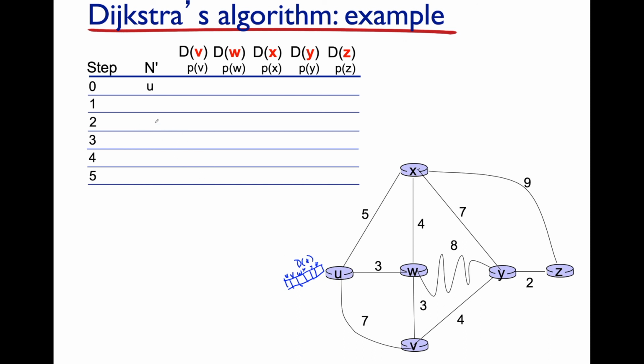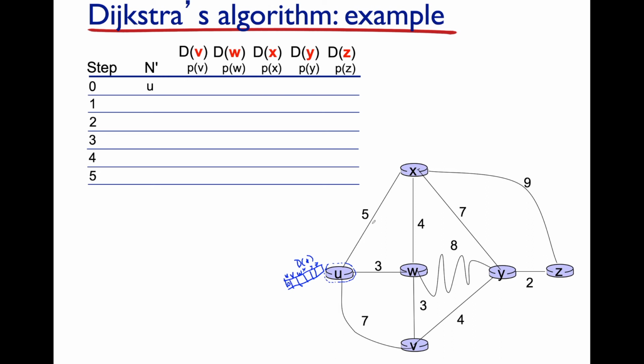So we start out with our blob, I like to call it, and it's going to start out just with node U. So I'm going to draw a dotted line around node U, and I like to call this growing the blob, so to speak. And so node U starts in the blob, and you initialize by setting the distance vector entries in U to the distances to each node that share a link with you. So, well, technically you share a link with yourself, and your distance vector entry is 0, right?